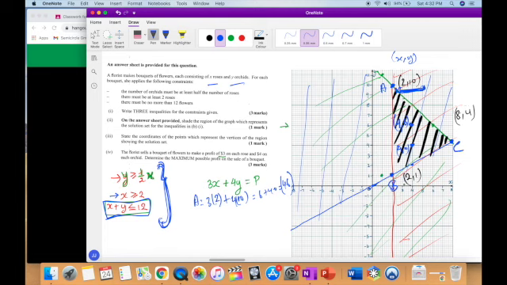Now for B, if I arrange the bouquet like this, how much profit would I make? I would make 3 times 2 is 6 plus 4 times 1. That is 3 twos are 6 plus 4. That's $10 profit I'll make if I sell this amount of flowers.